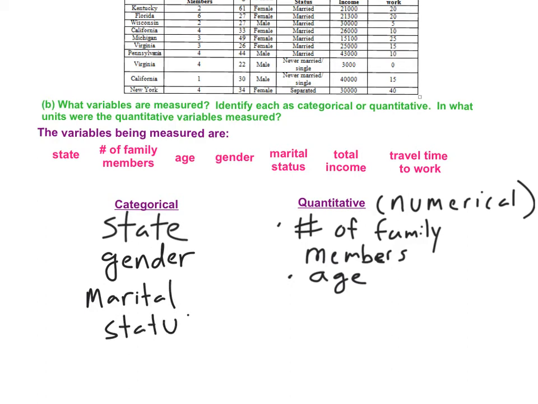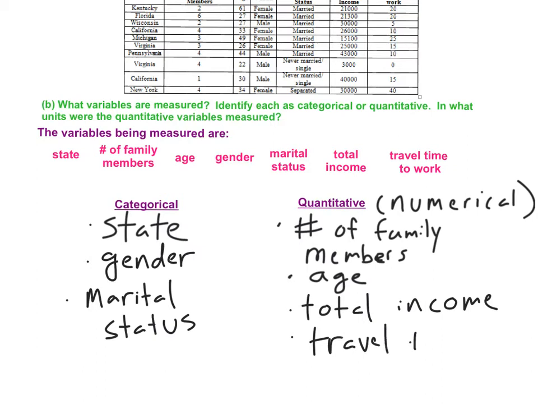It's categorical. Well, what do we got left here? Total income. I'm expecting a number. Probably some level of thousands of dollars or tens of thousands. And travel time to work. Probably a number measured in minutes. Okay.